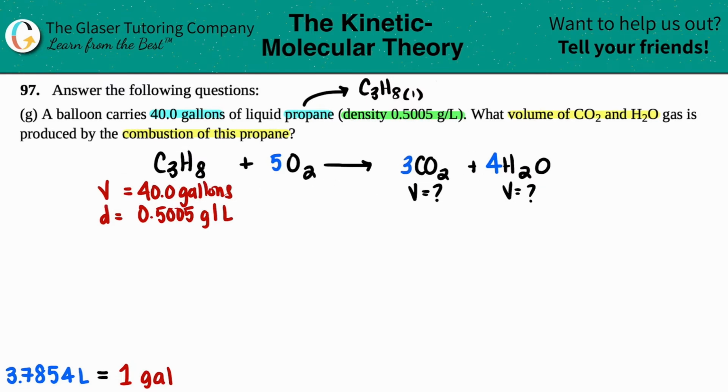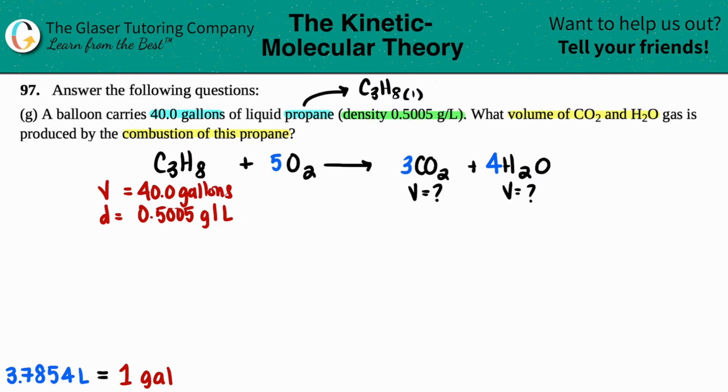And we've done this in this chapter already, but there's a catch. If you want to do volume to volume conversions, you have to follow the rules of the ideal gas law, in which you can only use liters. Can't really convert gallons to gallons because this is not an SI unit.